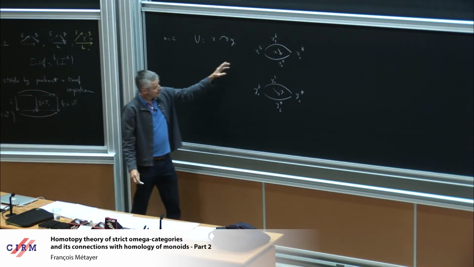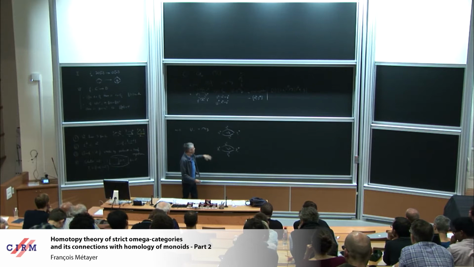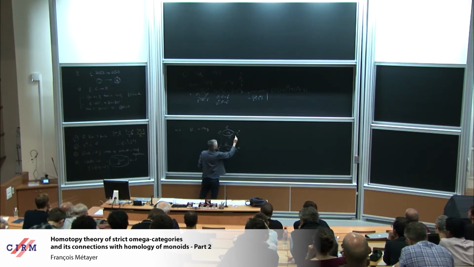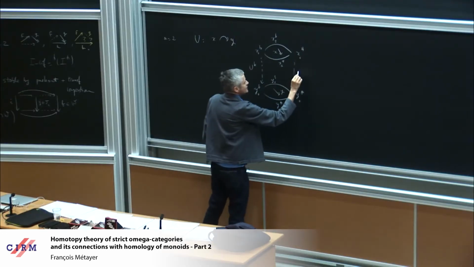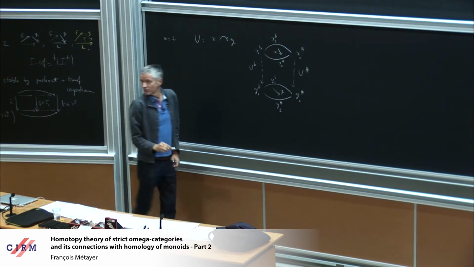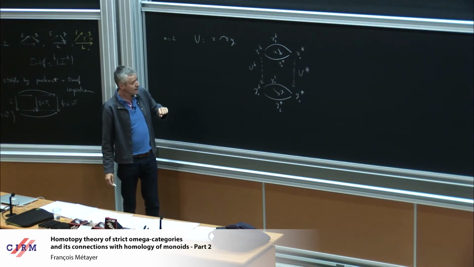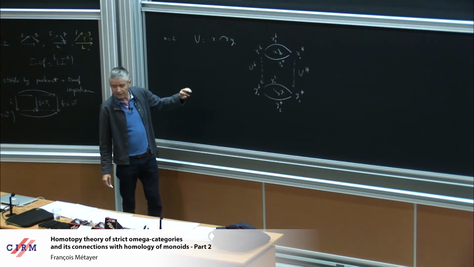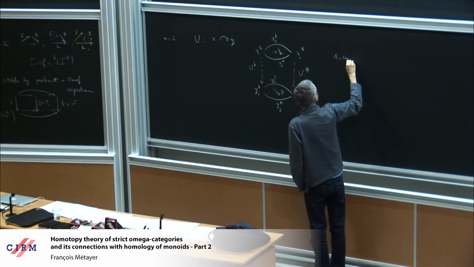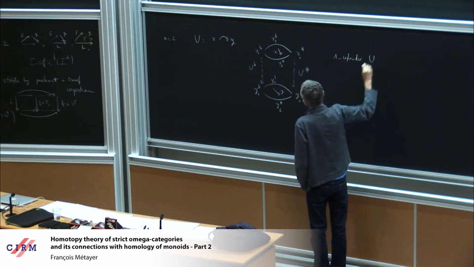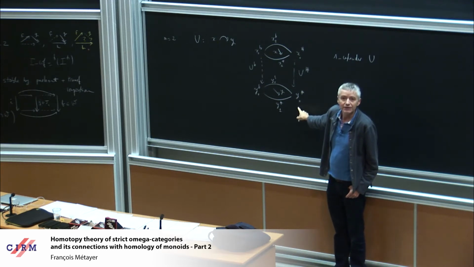So first, by this inductive process, you define two cells here, U flat, U sharp. So those are one cells in C. And then what I want is a one cylinder U in this hom category here.